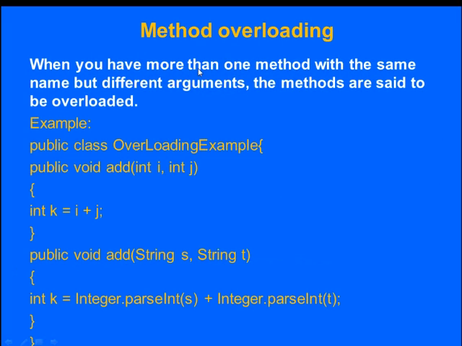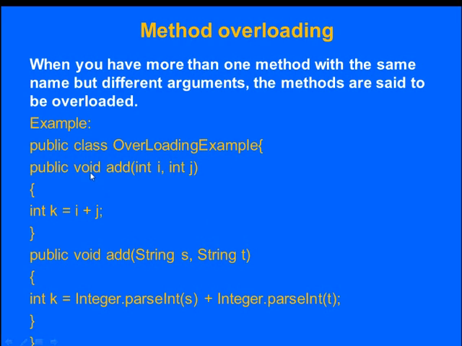When you have more than one method with the same name but different arguments, the methods are said to be overloaded.